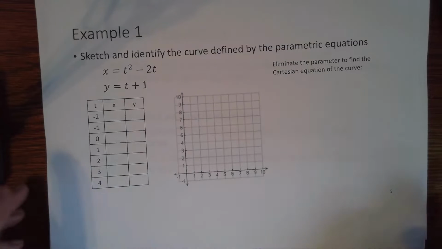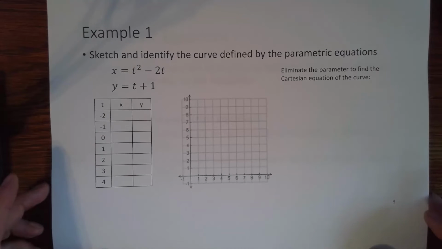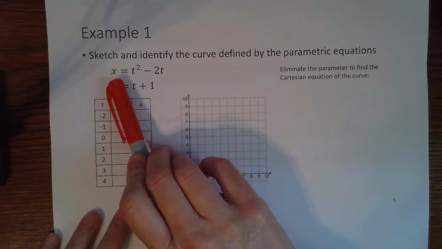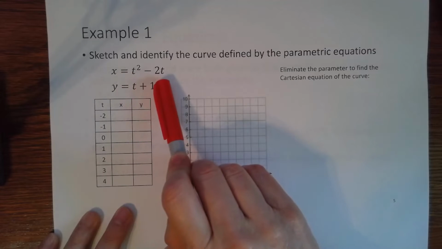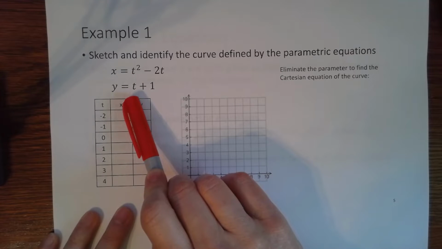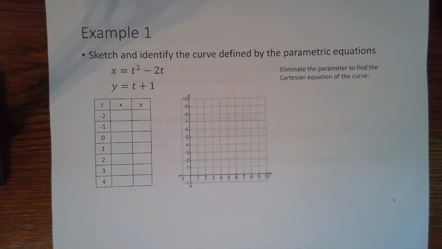So let's look at some examples. Let's say x is defined as t squared minus 2t, and y is defined as t plus 1. We want to figure out what the graph of this particular parametric curve is going to look like.